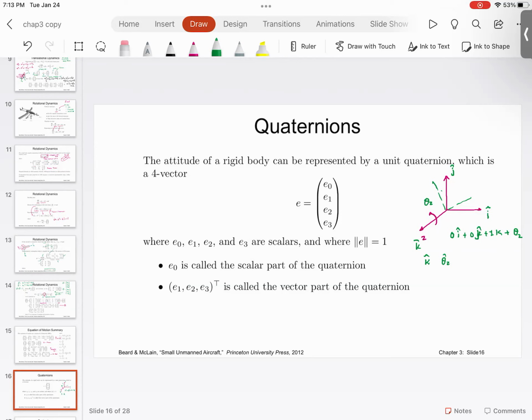The first quantity, e0, is indicative of the angular rotation, and e1, e2, e3 show you where the axis is.